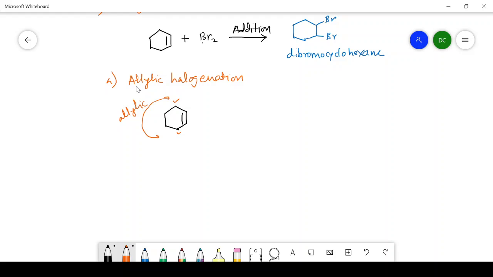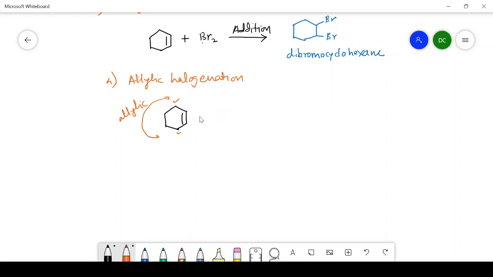Here we are going to see allylic halogenation. It means that there is an addition of halogen at the allylic position. So the halogen is going to add at this position, and it is a substitution reaction. One of the hydrogens is replaced by halogen.